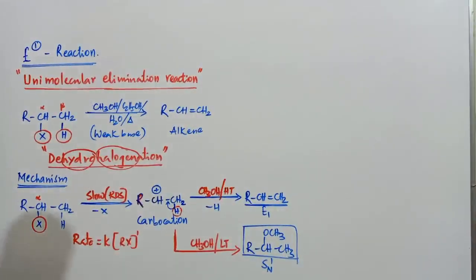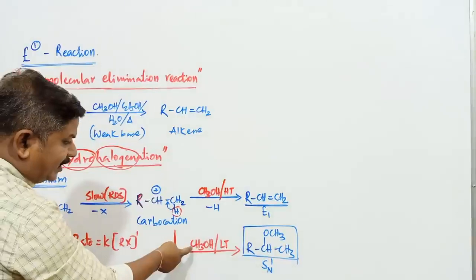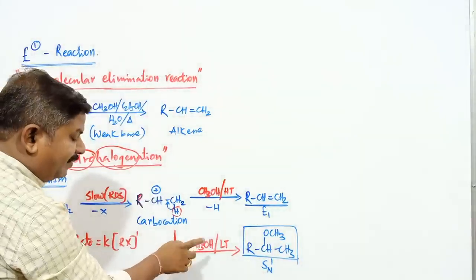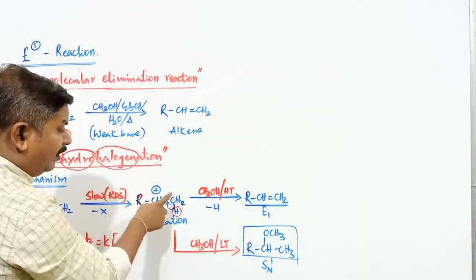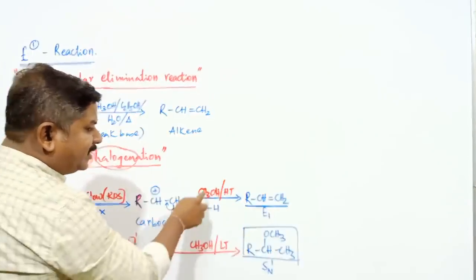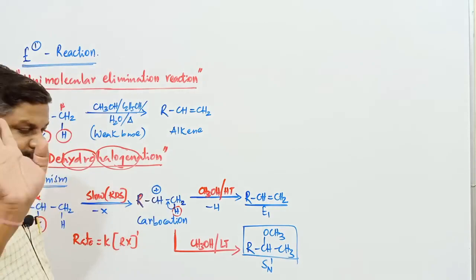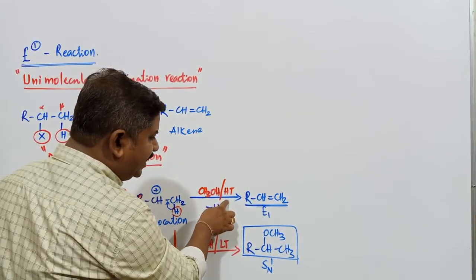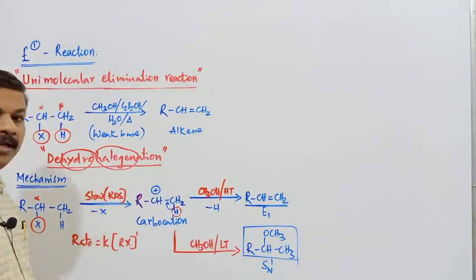SN1 reaction means nucleophilic attack takes place. This substance can act as a base as well as a nucleophile, so the nucleophilic attack takes place at the carbon atom. Why does nucleophilic attack take place here and elimination take place there? Remember, this is taking place at high temperature and that is taking place at low temperature.